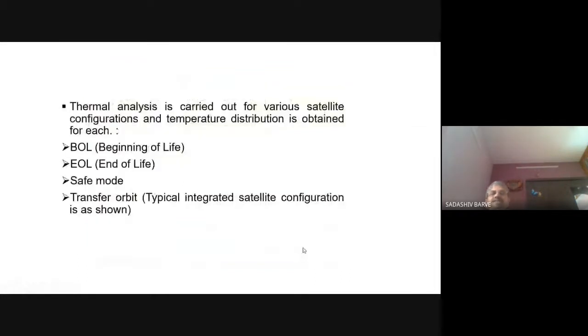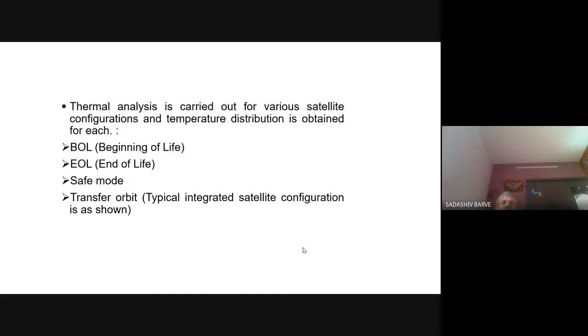Thermal analysis is carried out for various satellite configurations and temperature distribution is obtained for each condition. Here what happens is, when the satellite is ready for launch at the launch pad, generally at the launch pad they provide air conditioned air.